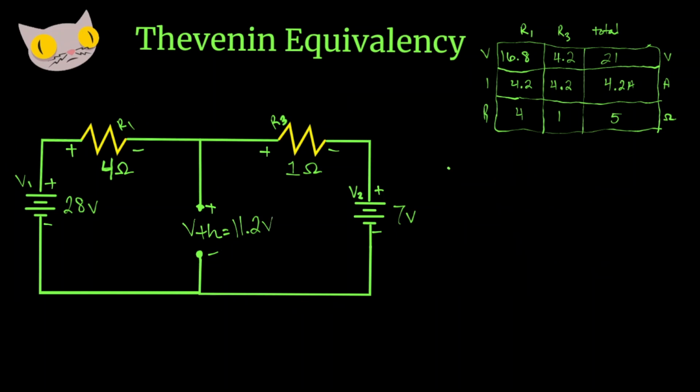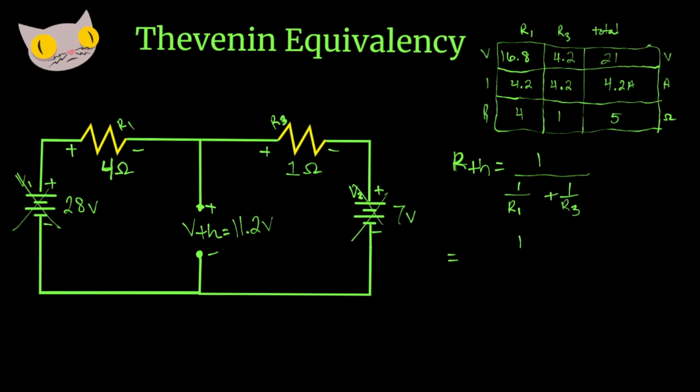Now let's see if we can find the Thevenin resistance. In order to find this, let's go ahead and ignore our voltage sources and just focus on the resistors. So in order to find the Thevenin resistance, this is the formula we're going to need for this type of circuit. 1 over 1 over R1 plus 1 over R3.